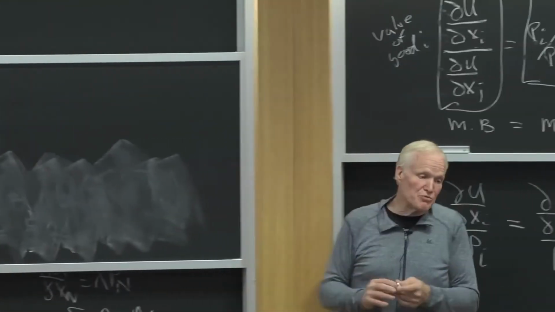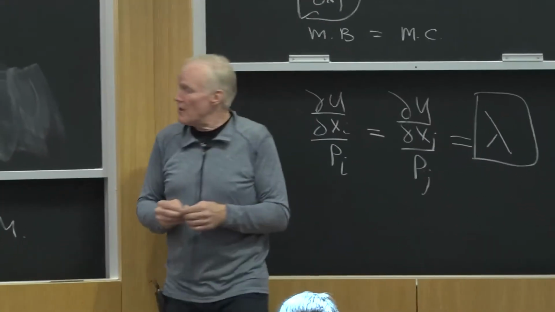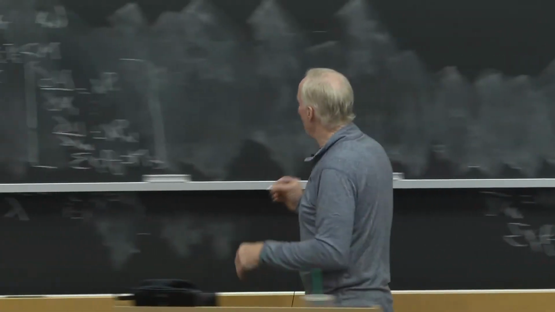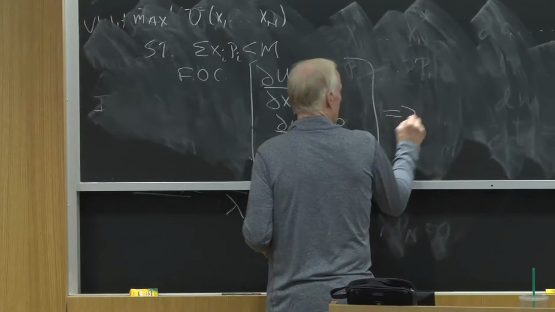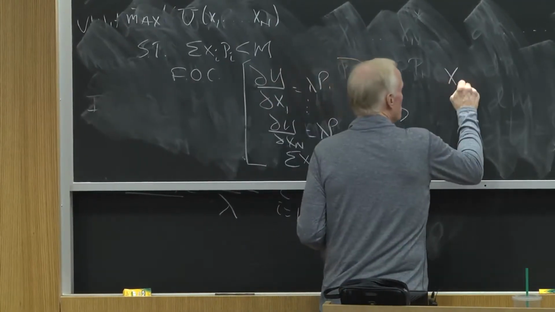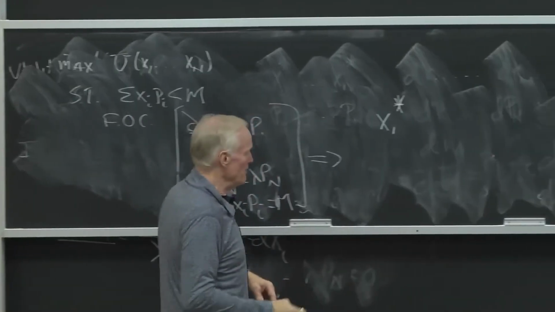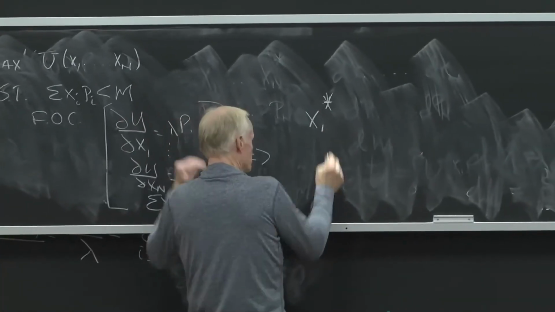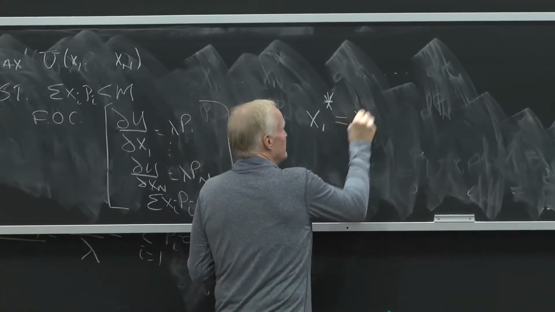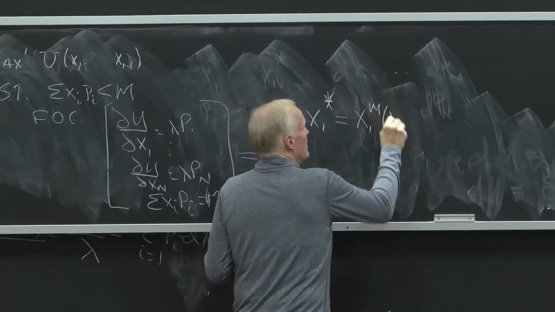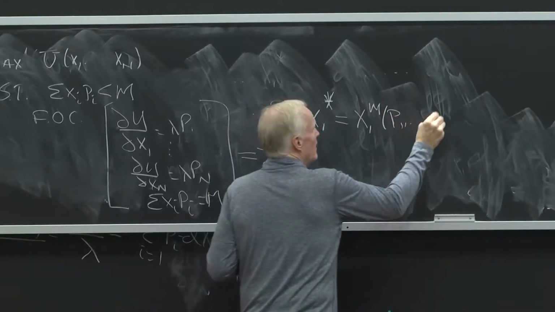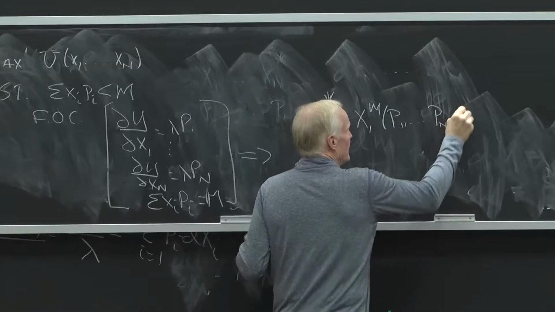Now we have n plus 1 equations and n plus 1 unknowns. In general, we'll be able to solve these things. So we can solve these for x1 star, the equilibrium amount of x1 I'm going to choose, which is the solution to this, x1 of p1 up to pn and m.